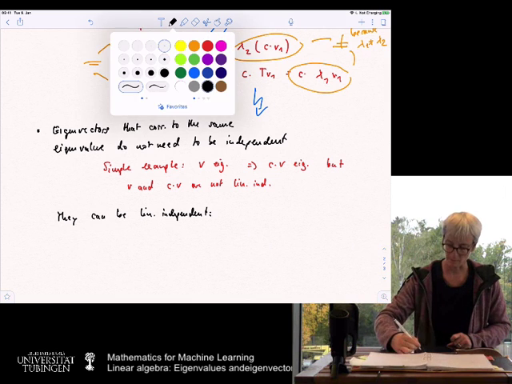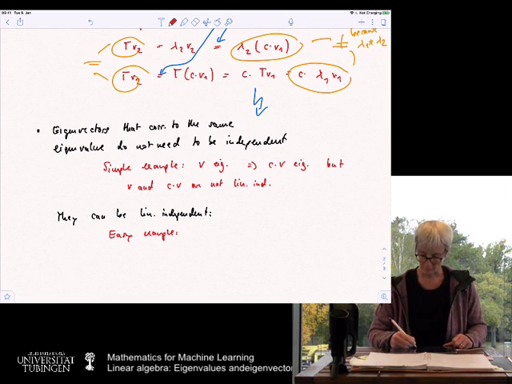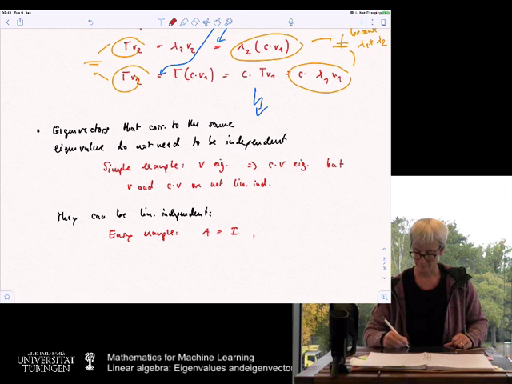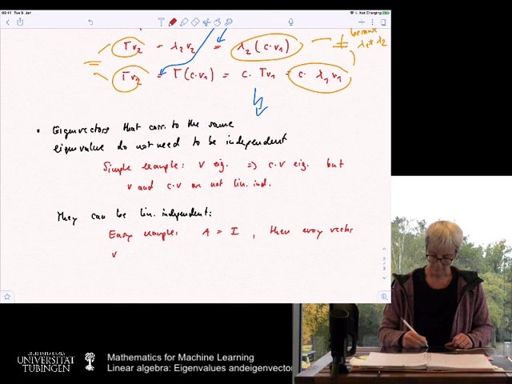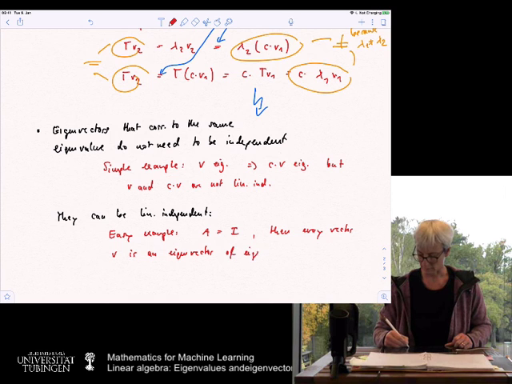And the most prominent example is the identity mapping, easy example. If I consider the mapping A, which is the identity mapping, then every vector is an eigenvector of eigenvalue 1.